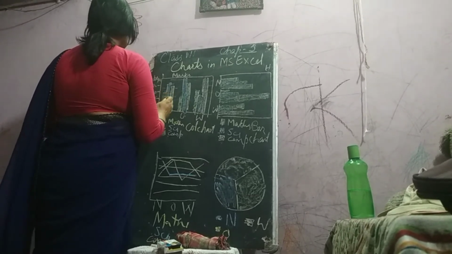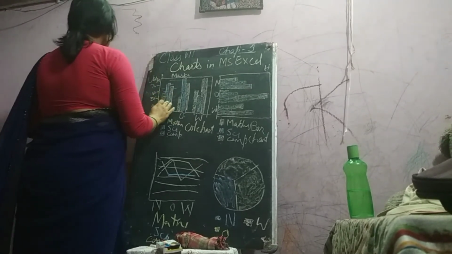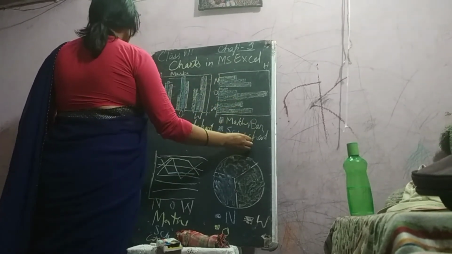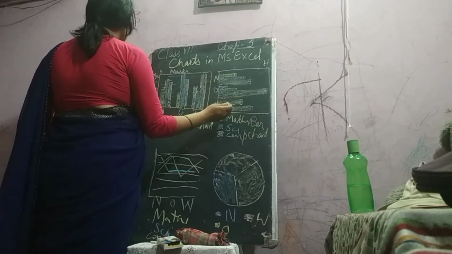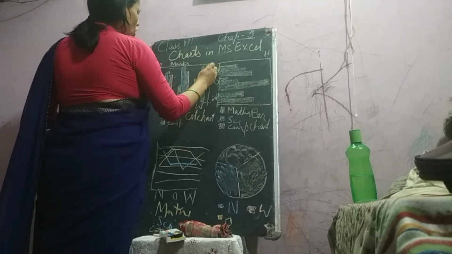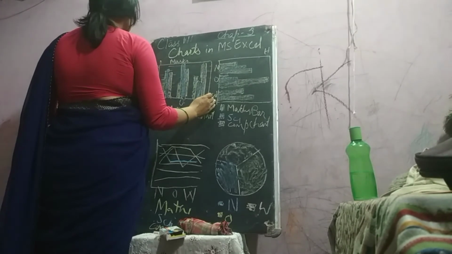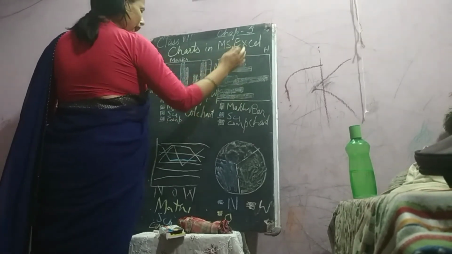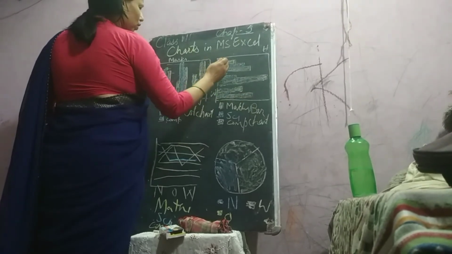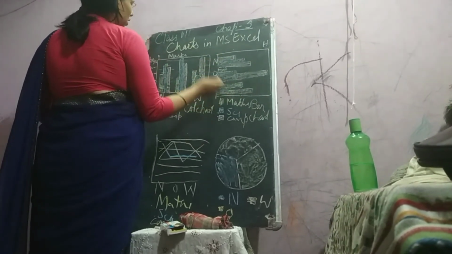And one difference is that in the bar chart, you can see that categories are organized vertically, that is the y-axis, and the x-axis is the value, which is organized horizontally.